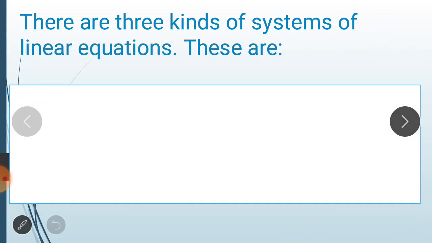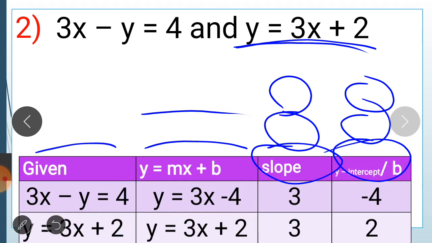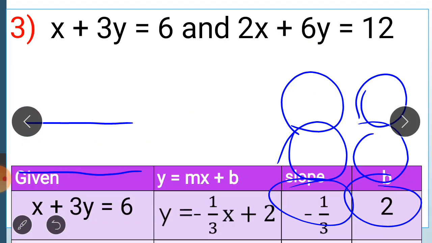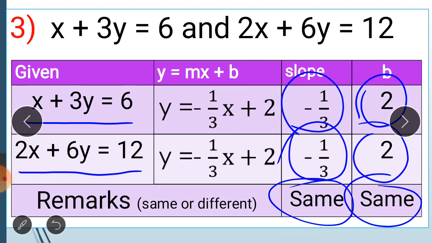How about number 2? Number 2, same, different. And number 3, same. Same is coincide, so this is consistent and dependent, right?